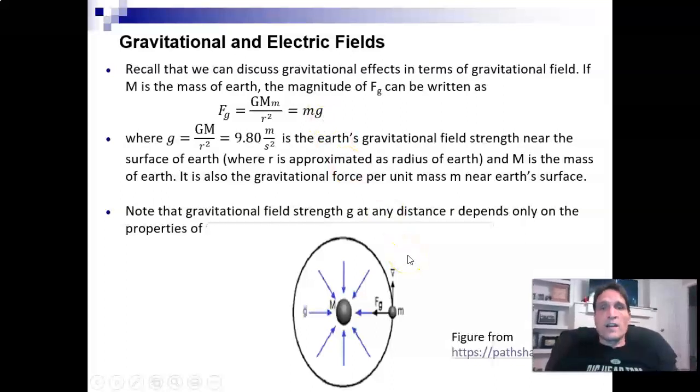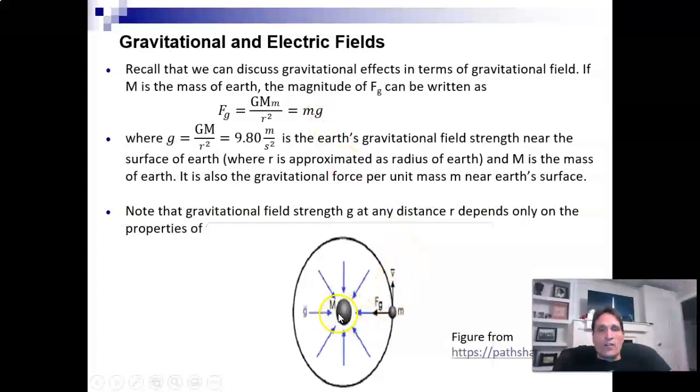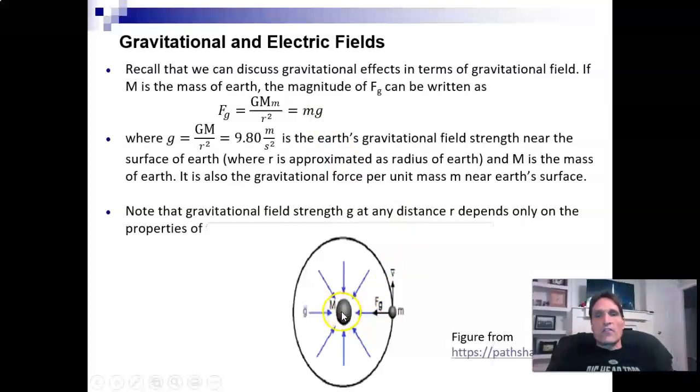And this is kind of nice because suppose that here's the mass of the Earth, and here is the center of the Earth, and at each distance above the surface, that's a little bit different distance of r, we calculated the gravitational field strength little g.